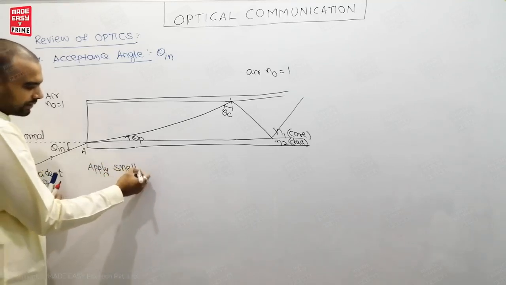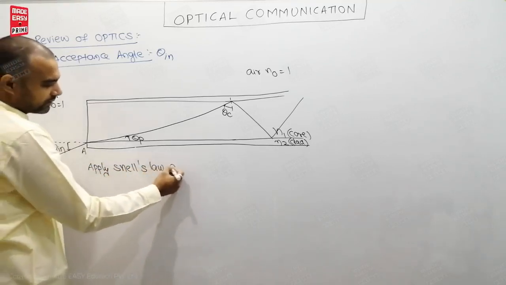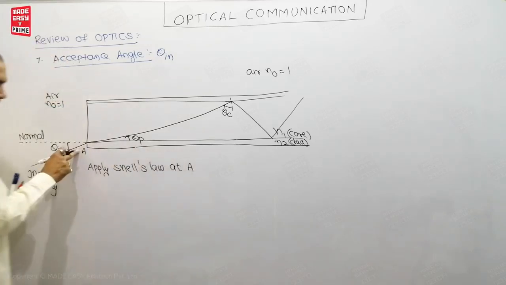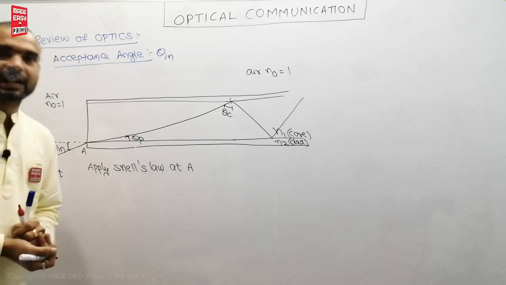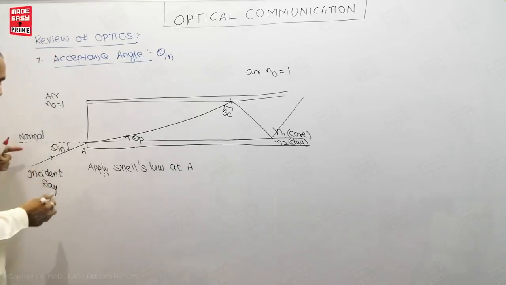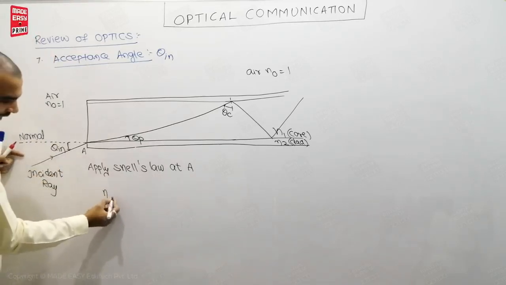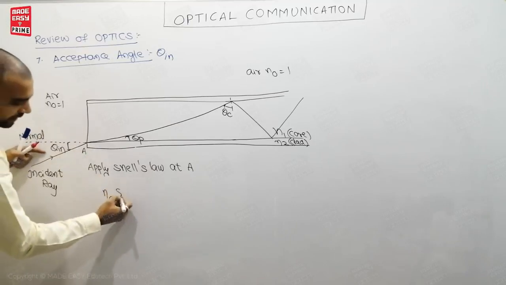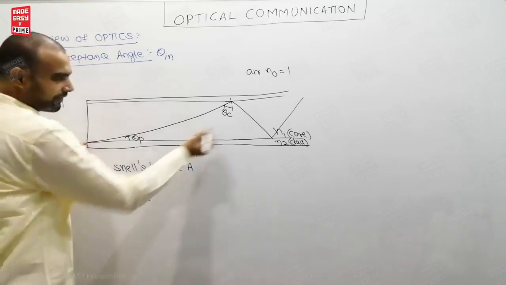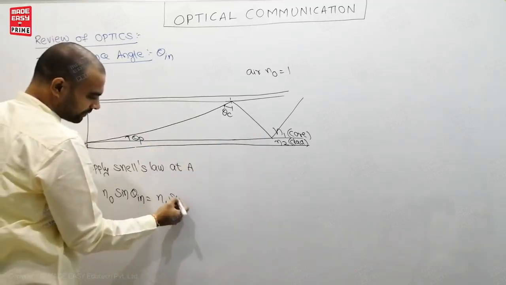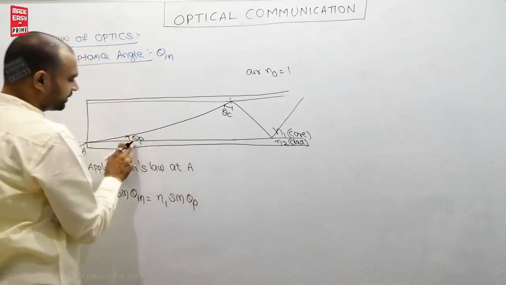Apply Snell's law at A. Snell's law gives the relation between refractive index and angle. The refractive index here is N0 times sine of theta in, and here the refractive index is N1 times sine of theta p.